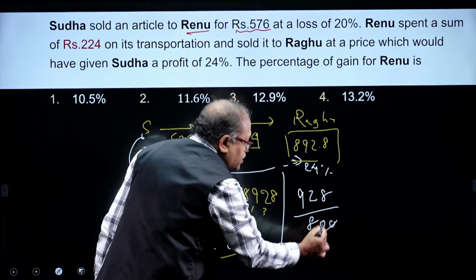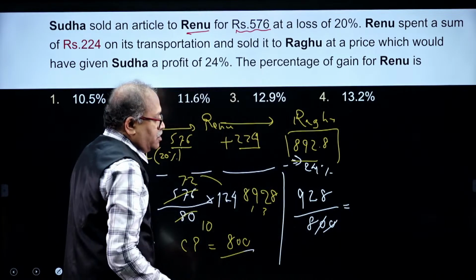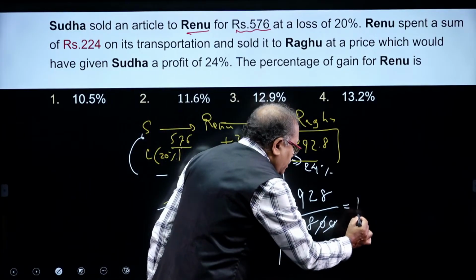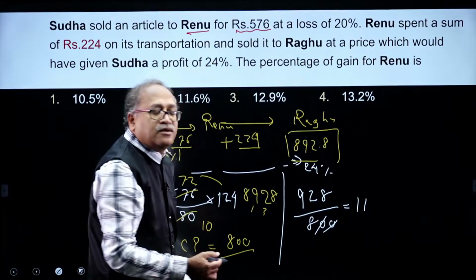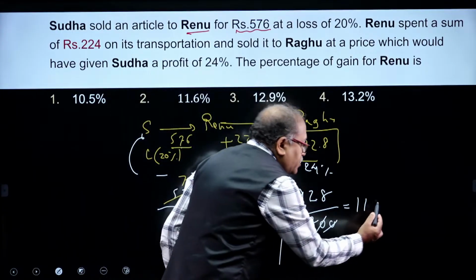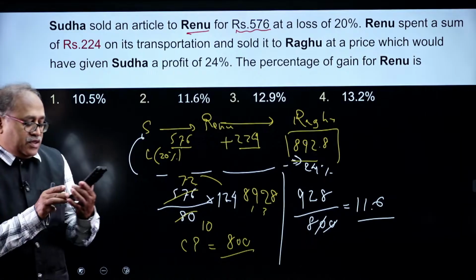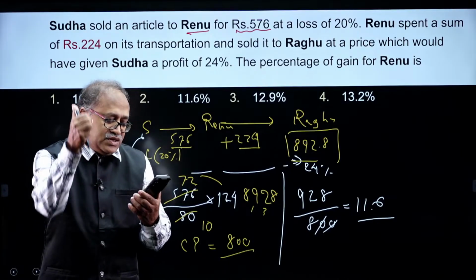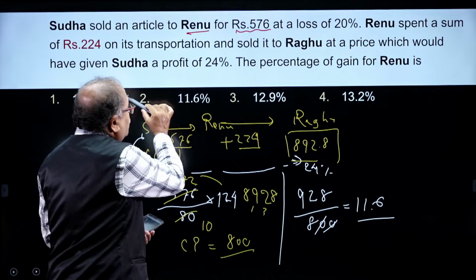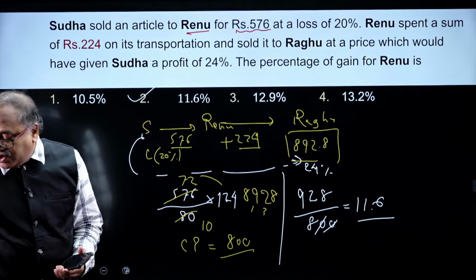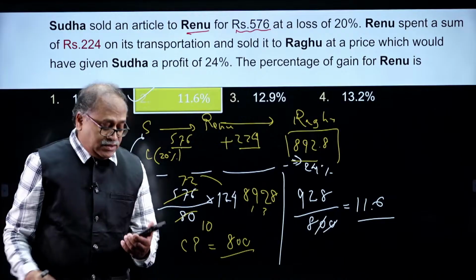This gets cancelled here. So 8 1s, and again 8 1s are 8, 8 6s are 48. 11.6. Well done. 11.6 is the answer.